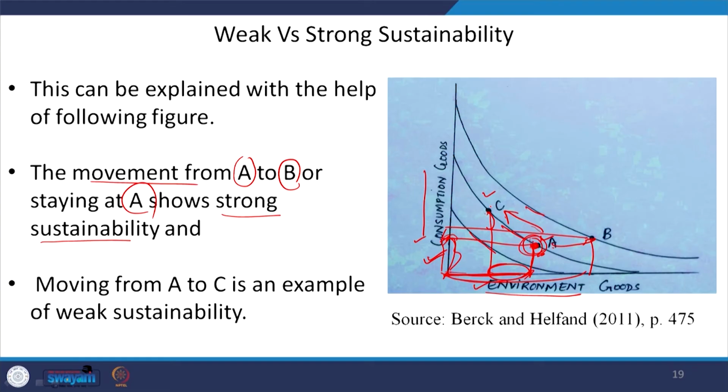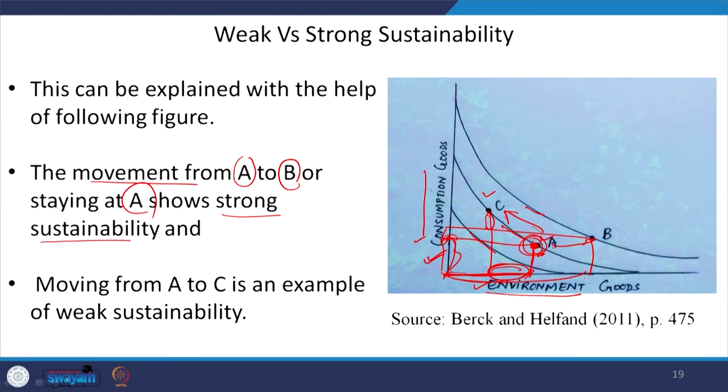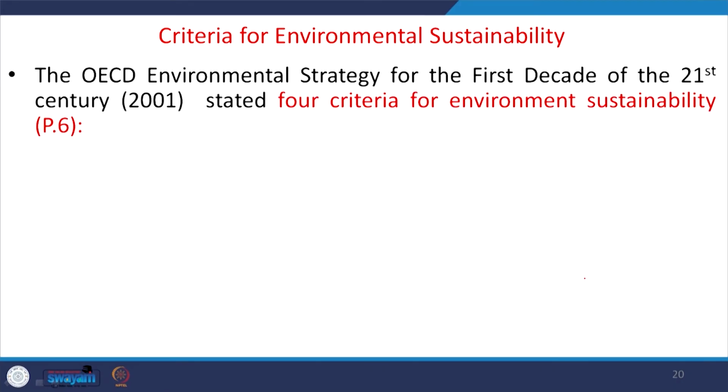So, that means this is substituted with this, and it is not a matter of concern to the individual, because by giving up environmental goods and getting some more of the consumption goods, he has the same level of satisfaction because he is placed on the same indifference curve. So, this is the understanding behind the idea of strong sustainability and weak sustainability.